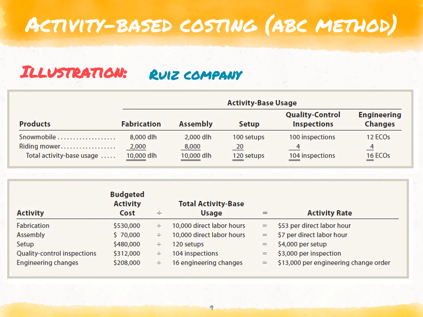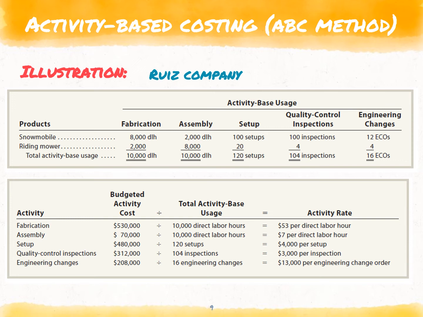Since we have identified and computed our activity-based usage, we can now compute our activity rate, which is the budgeted activity cost pool divided by the total activity-based usage. For fabrication, the cost of $530,000 divided by 10,000 direct labor hours gives an activity rate of $53. For assembly, $70,000 divided by 10,000 direct labor hours is $7 per direct labor hour.